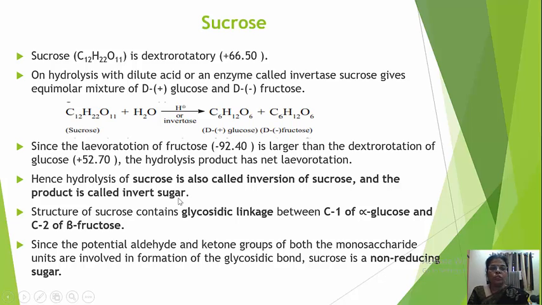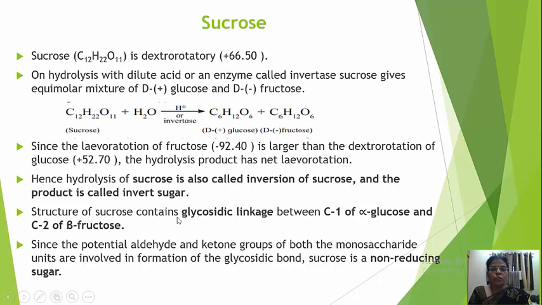Actually, sucrose is dextrorotatory, but when it undergoes hydrolysis, it forms fructose and glucose. Since the levo rotation of fructose is higher than the dextro rotation of glucose, the resulting product has a net levo rotation, and therefore this sucrose, which is dextrorotatory, shows levo rotation on hydrolysis and is called invert sugar.